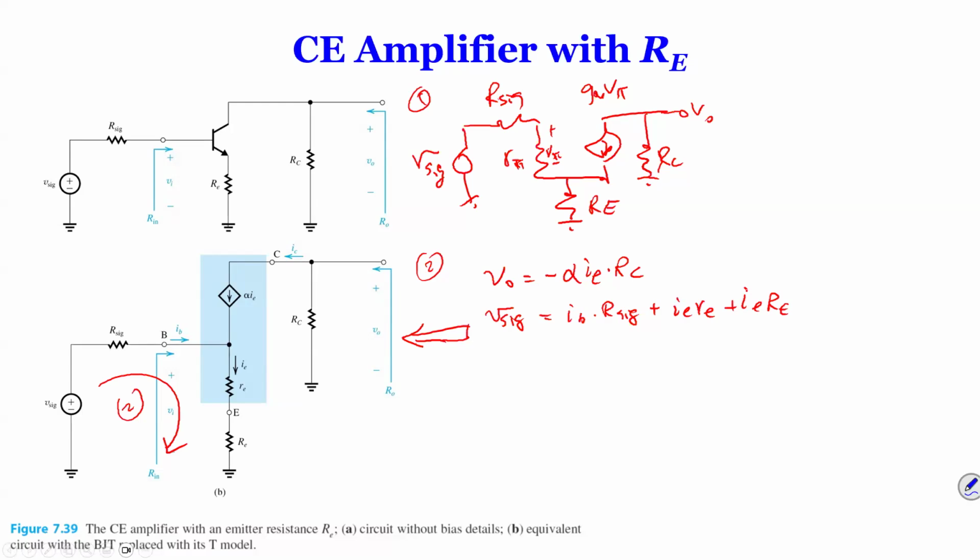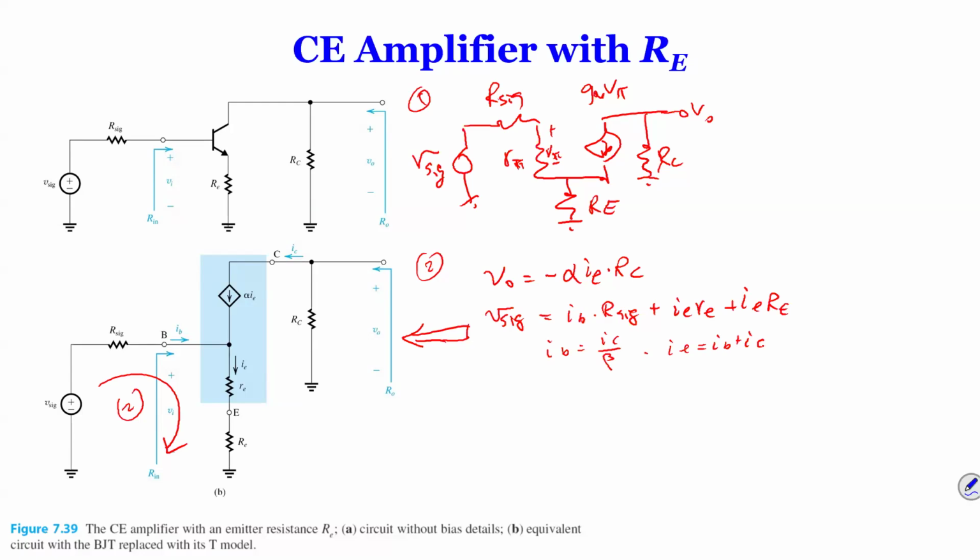So you see, when we write the loop equation, we just make sure that we use the different current at a different branch. Now, of course, we know there's a relation between IE and IB, right? IB is IC over beta, and IE is IB plus IC.